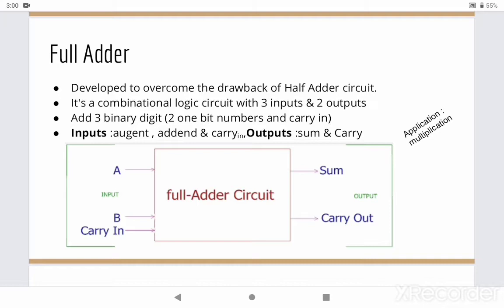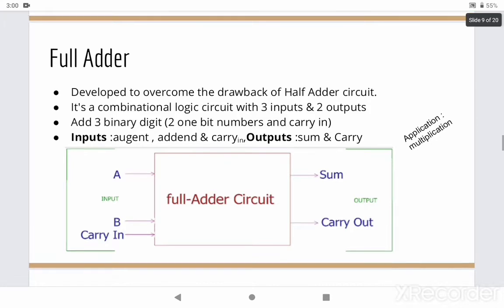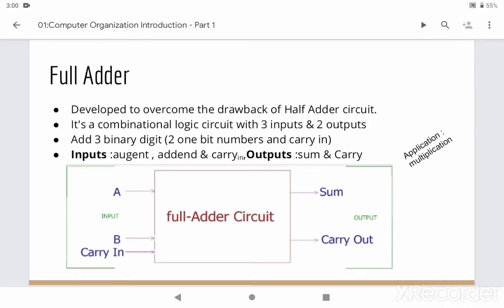In the case of the half adder, we discussed that it never took any input from any other circuit's output. It is completely working on the present input which we are giving on a real-time basis. So it's a drawback and it is cleared in the full adder.